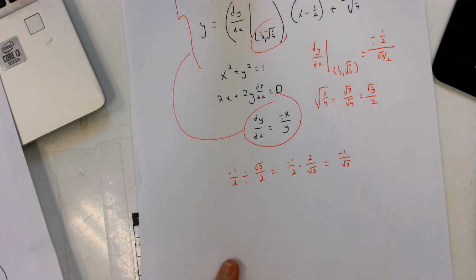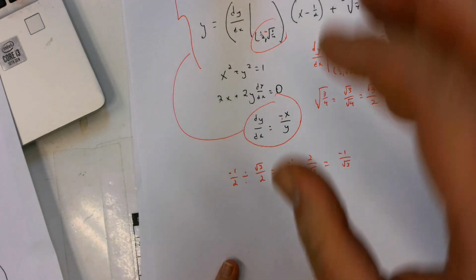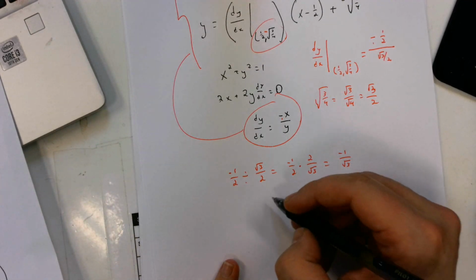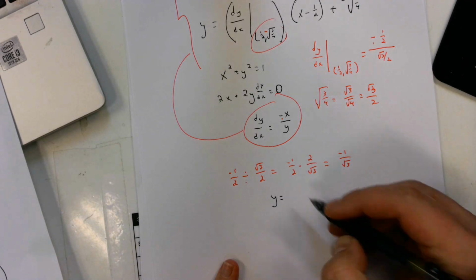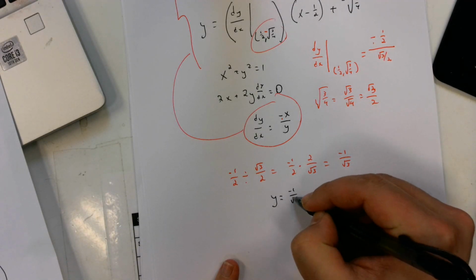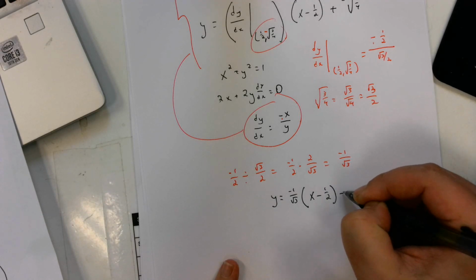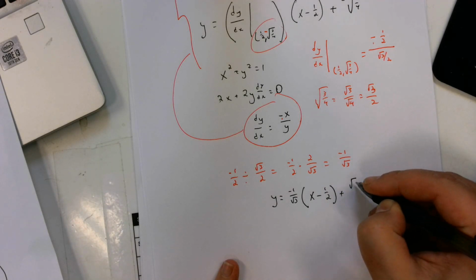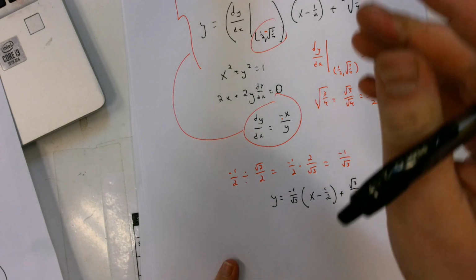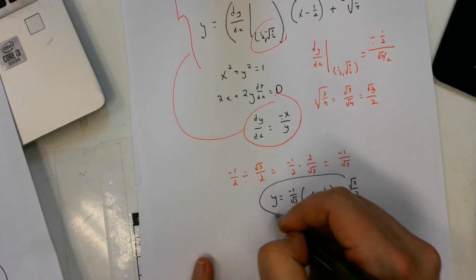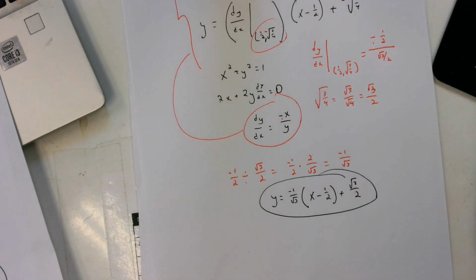So my first line tangent to the curve is going to be y equals negative 1 over root 3 times x minus 1/2 plus root 3 over 2. This is one of my lines tangent to the curve.